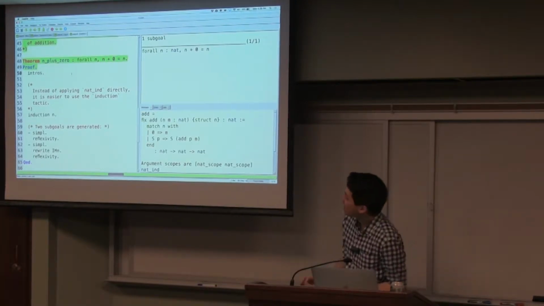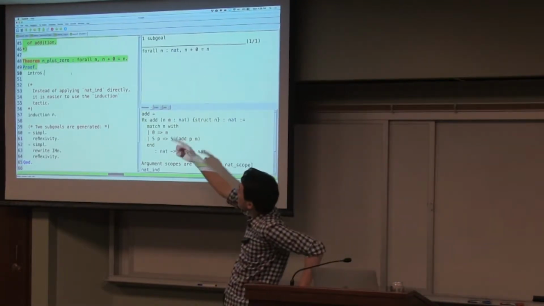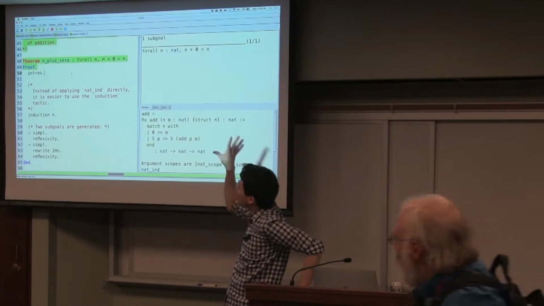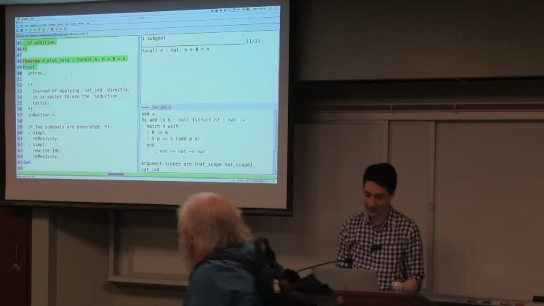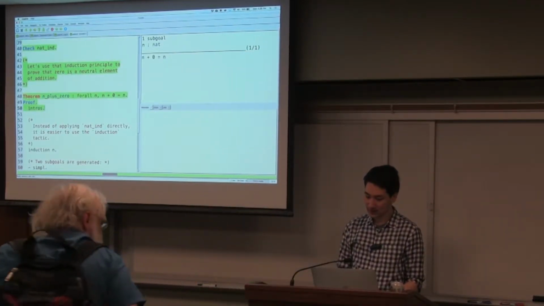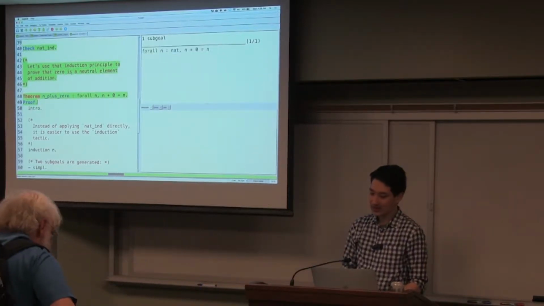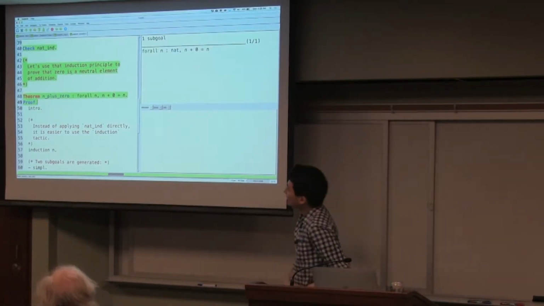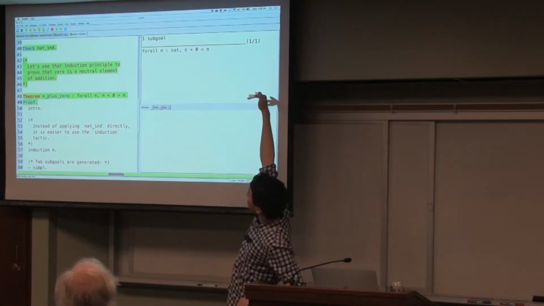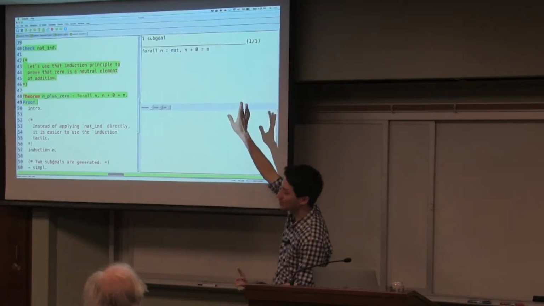And intros is a tactic that will take the n and move it into the context as a hypothesis. I should just use intro, actually. Essentially what's going on here is this horizontal line right now doesn't have anything above it.